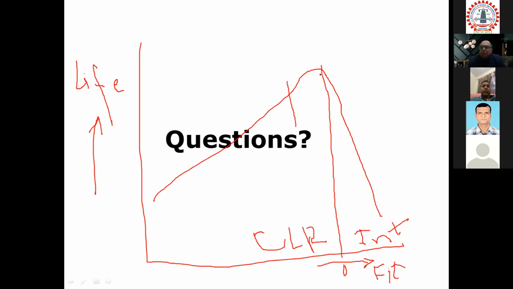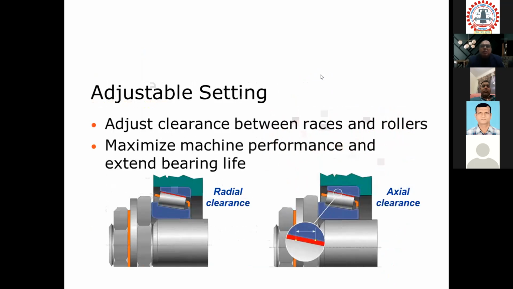But if you go to the taper roller bearing, typically you can change the clearance based on the axial movement of the races. You can put a washer here, or change how much you are tightening the nut here. That is preloading, or end play, what we call.